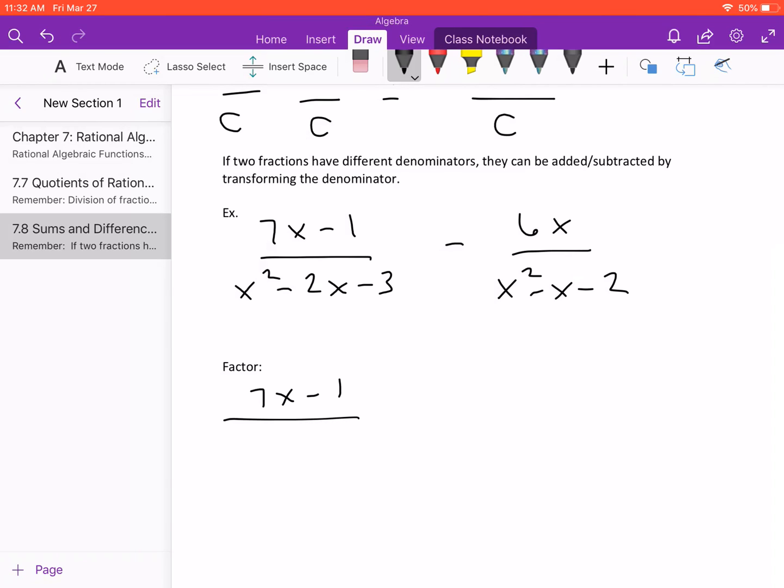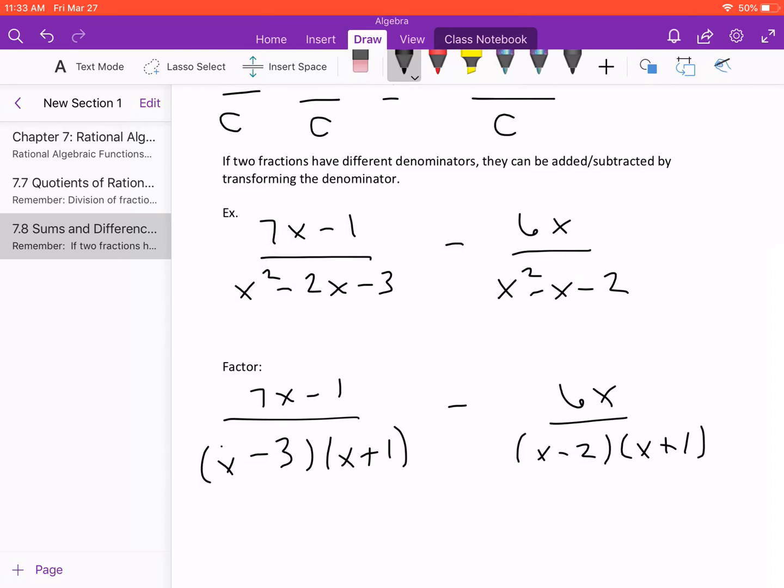To do that, we're going to leave our numerator alone, 7x minus 1, all over (x minus 3) times (x plus 1), minus, leaving this numerator alone as well, 6x all over (x minus 2) times (x plus 1). All I've done so far is factor.